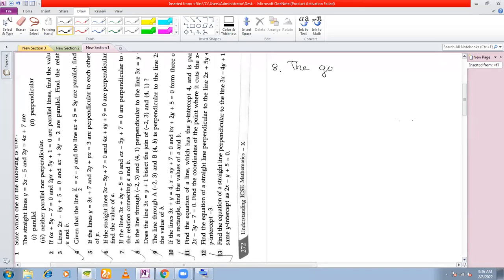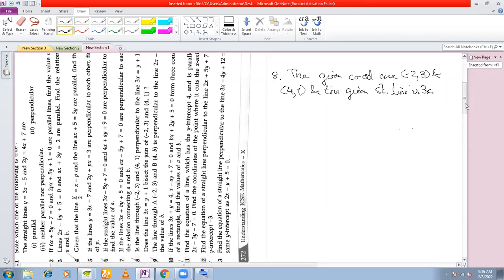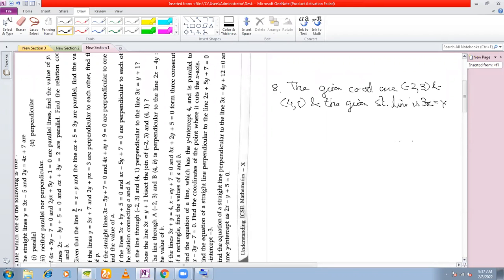The given coordinates are minus 2, 3 and 4, 1. And the given straight line is 3x is equal to y plus 1.